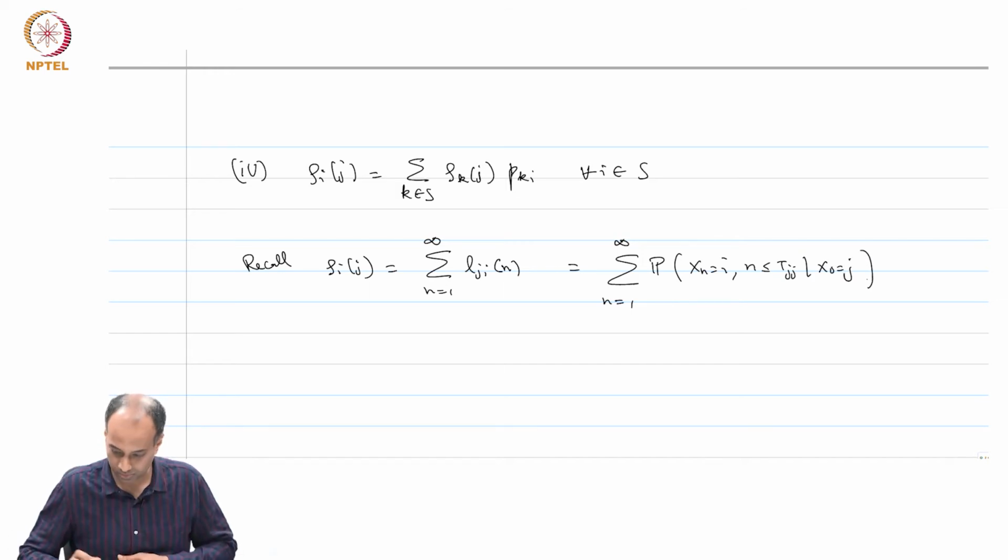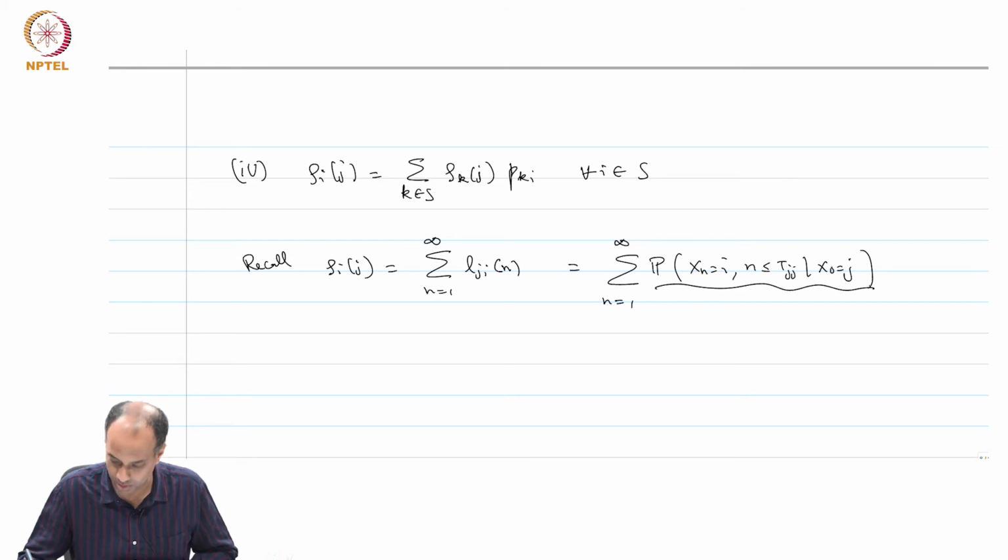Now, I am going to write this out with one more level of conditioning. This is your L_ji of n.